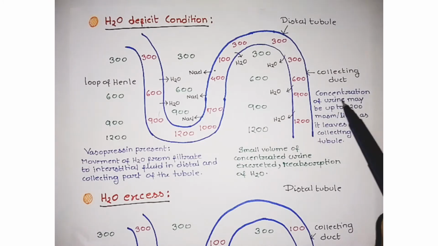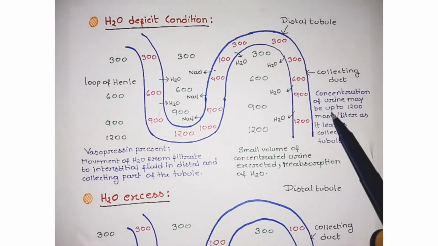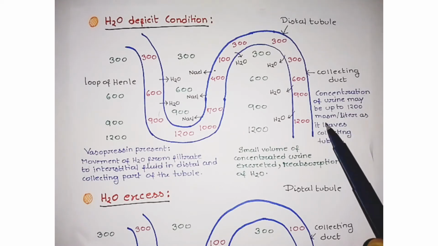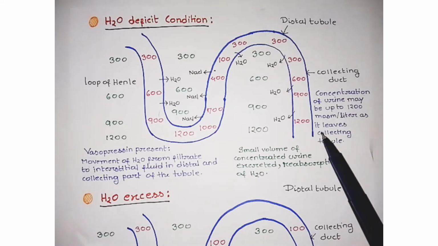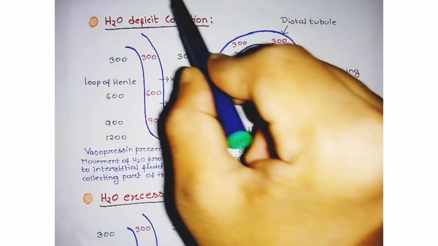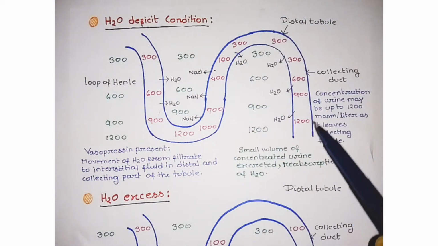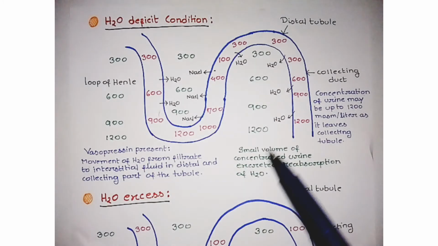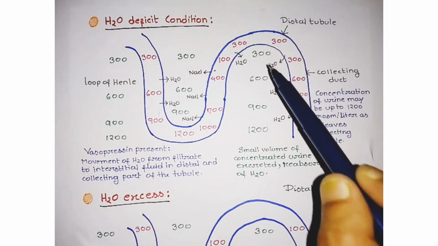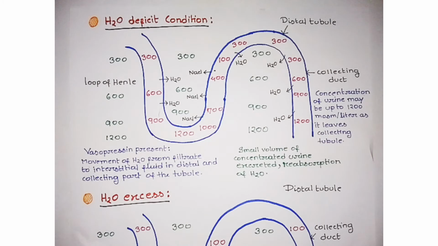So the concentration of the urine may be up to 1200 milliosmol per liter as it leaves the collecting tubule in case of H2O deficit condition, because our body conserves H2O, and this H2O enters into the peritubular capillaries and ultimately our body saves the water.